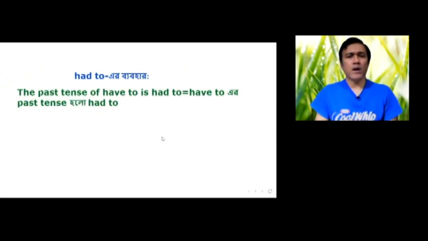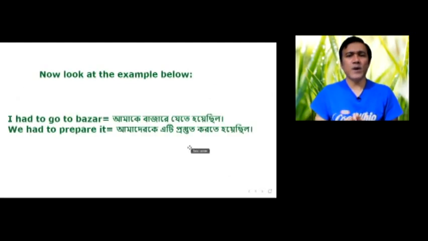Had to এর ব্যবহার. The past tense of have to is had to. অর্থাৎ have to এর past tense হলো had to. Now look at the example below. I had to go to বাজার. আমাকে বাজারে যেতে হয়েছিল.